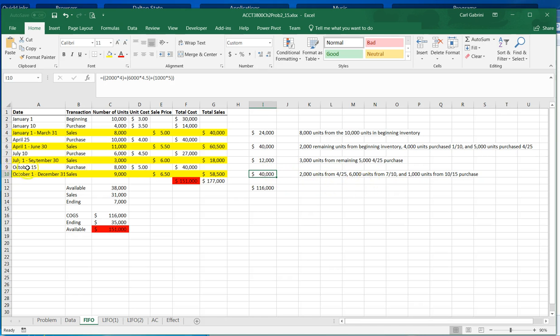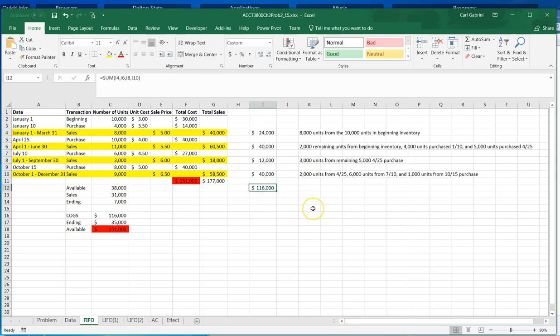And then we had a purchase on October 15th for 8,000 units. We use 1,000 of those units against the 9,000 units sold in the fourth quarter. And so we have 2,000 units at $4, plus 6,000 units at $4.50, plus 1,000 units at $5 gives us a total of $40,000.